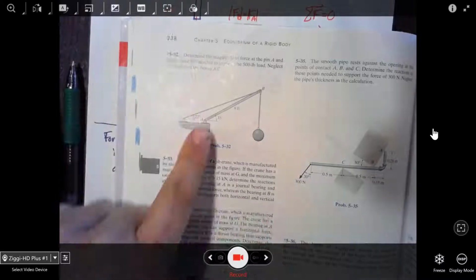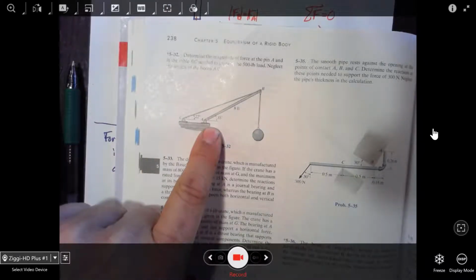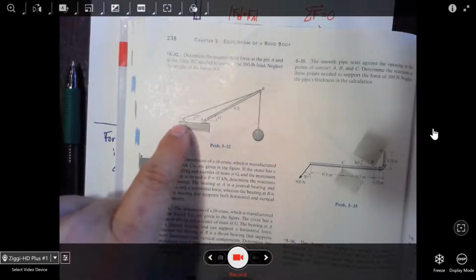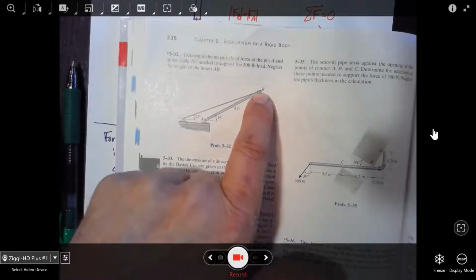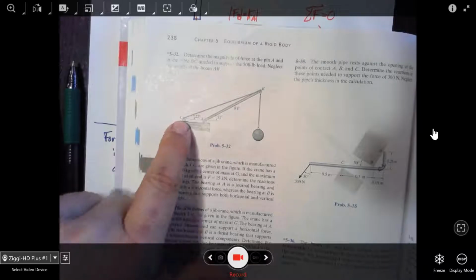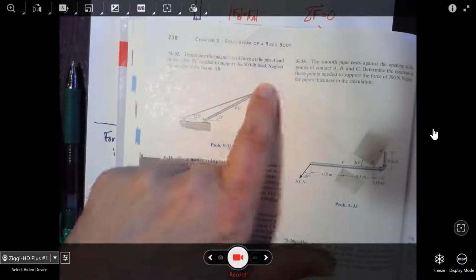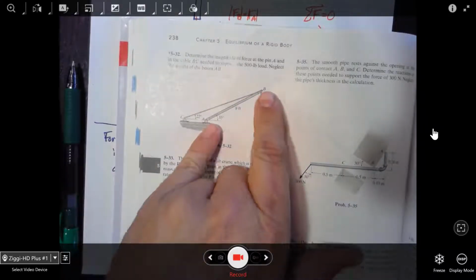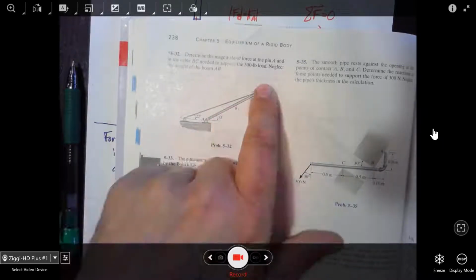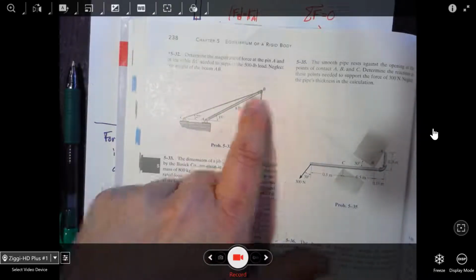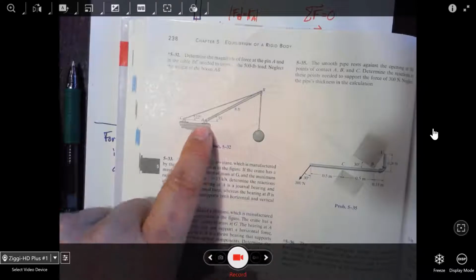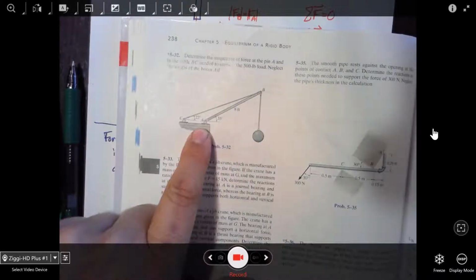So both A and C would have X and Y components. However, if we look at C, it only has a load at B and a load at C, so that becomes a two-force member. What about AB? It doesn't say anything about the weight of the boom, so we're assuming it's weightless. Then A to B would also be a two-force member.